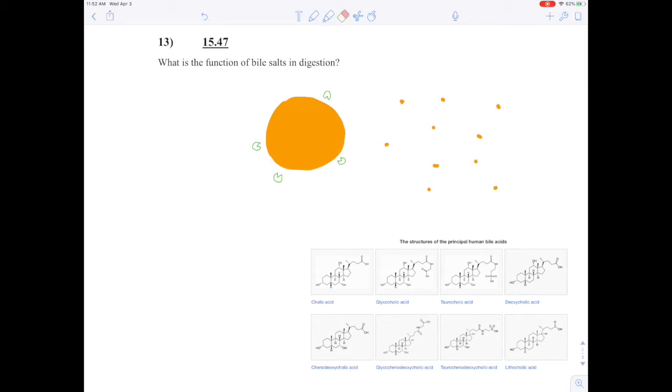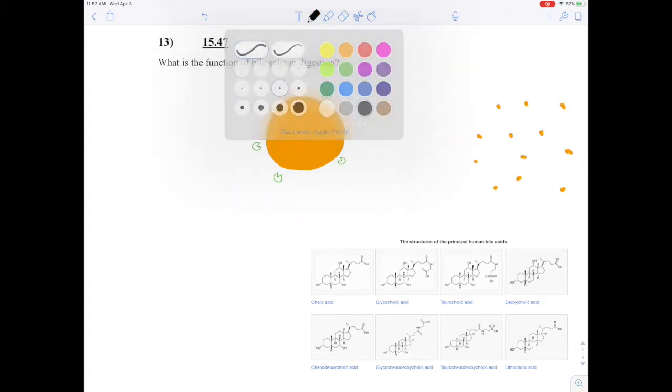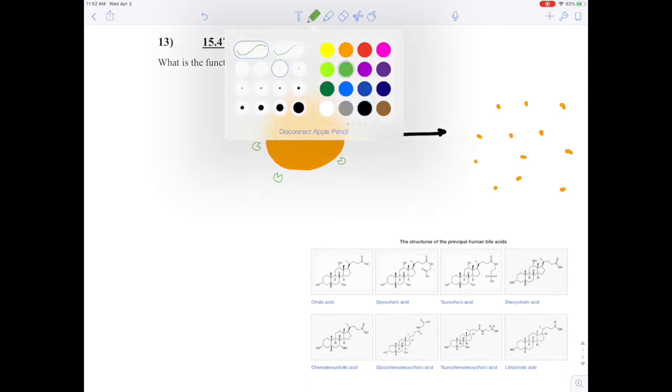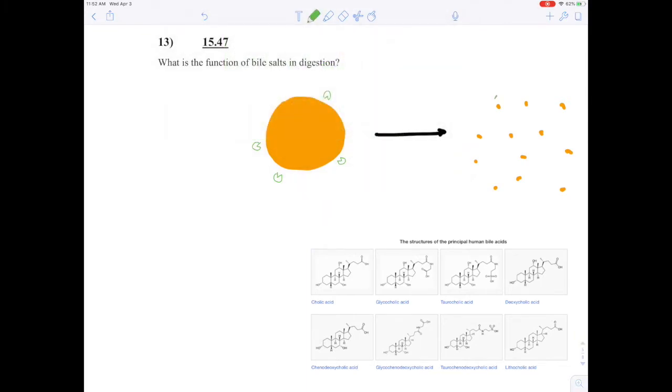Lots of little droplets, because if it can do that, then these little proteins can digest them much, much faster.